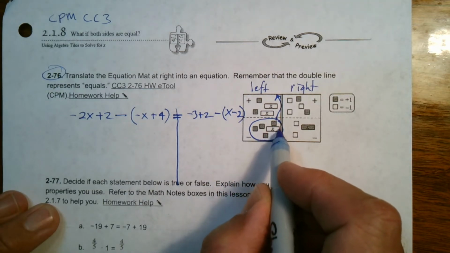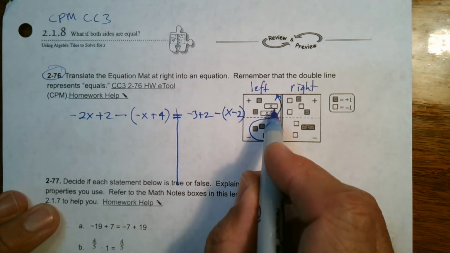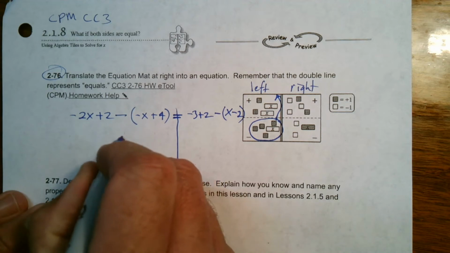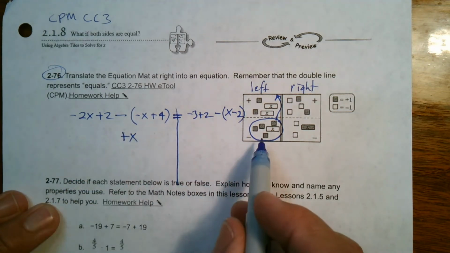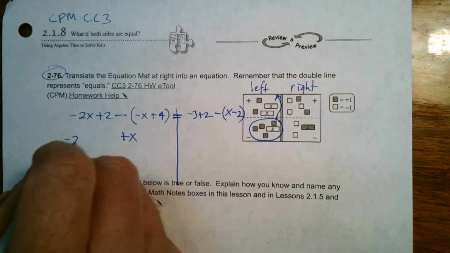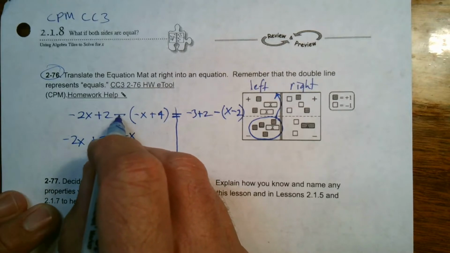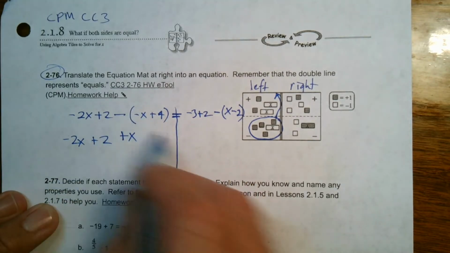So what was a negative x now becomes a positive x. You can see that with this minus a negative. Minus a negative, a double negative, makes it plus a positive. So let me rewrite this: negative 2x plus 2 plus x, and then minus plus 4. That minus distributes.